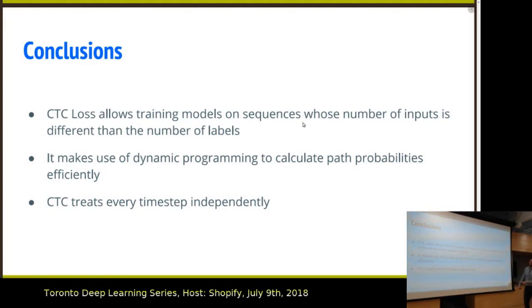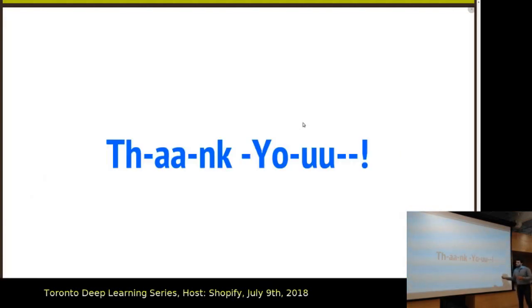And one disadvantage that's mentioned is that CTC treats every time step as if it was independent. That's why, for example, models are encouraged to be recurrent in order to implicitly capture this information. Okay.